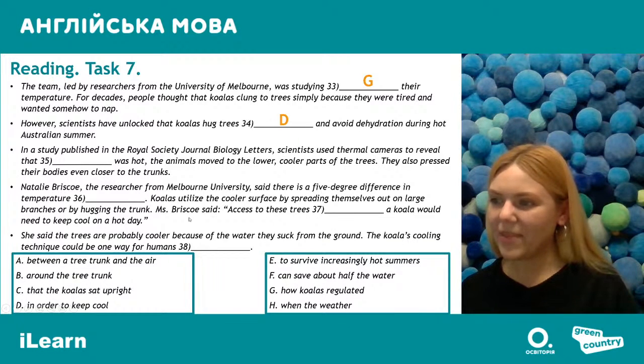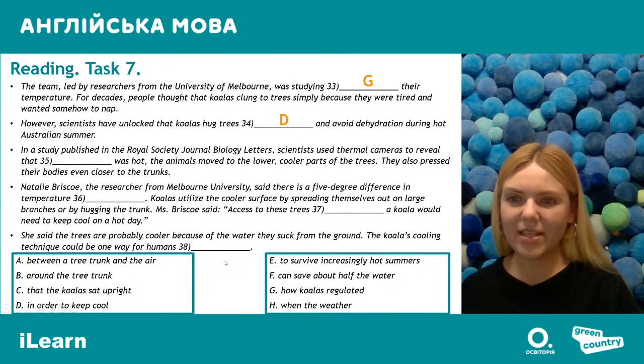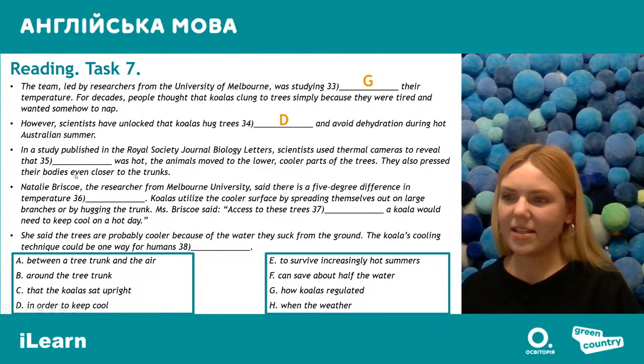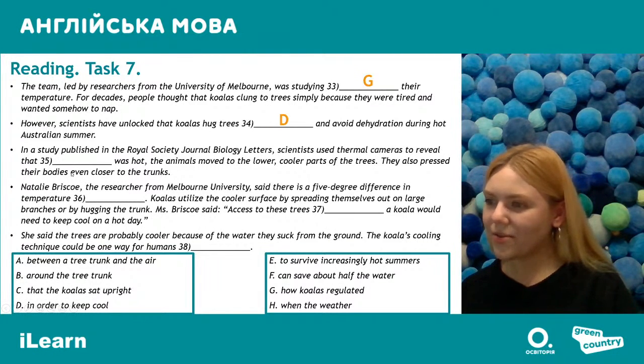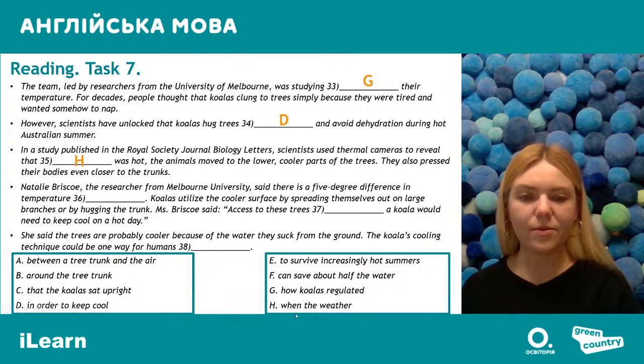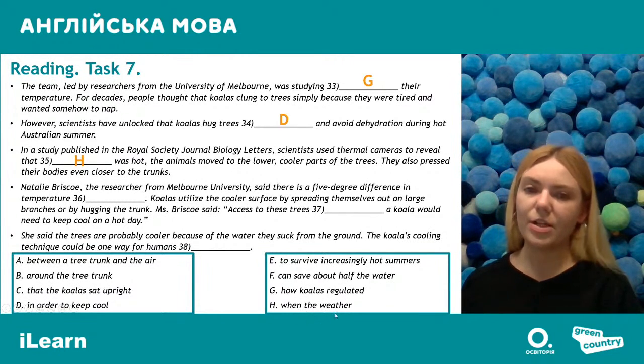Then 35. You say that is B. So let me look through your ideas for 35. A. So remember that after 35 we have was, so then there must be a noun. And that is actually H here, the weather, when the weather was hot.